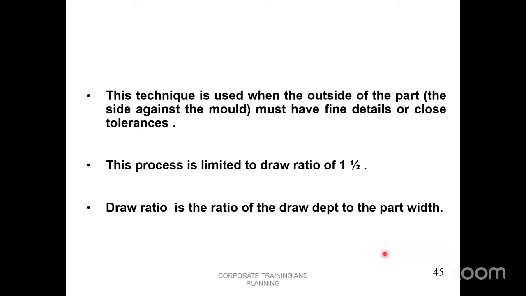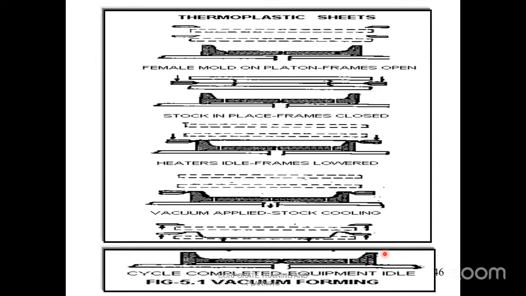This technique is used when the outside of the part must have fine details or a close tolerance, as we have seen. This process is limited to a draw ratio up to 1.5 inch. Draw ratio is the ratio of the draw depth to the part width. See, this is vacuum forming.